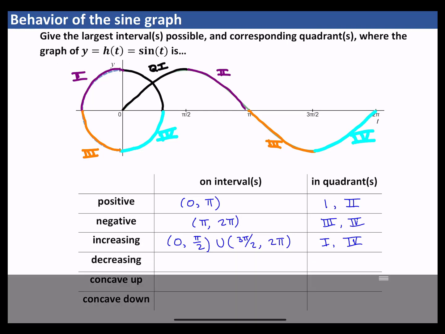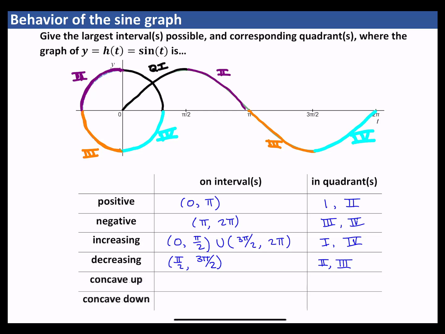The sine function is decreasing from pi over 2 until 3 pi over 2, and that corresponds to quadrant 2 and quadrant 3, right? In quadrant 2, the y values are decreasing, and in quadrant 3, the y coordinates are also decreasing.